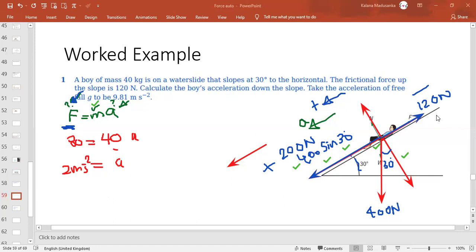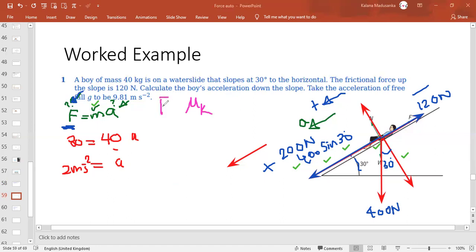Now, since this is a moving boy, there should be a kinetic friction, right? If I ask you to find out the kinetic friction, you can easily find that as well. What I'm asking is what is the mu k value?